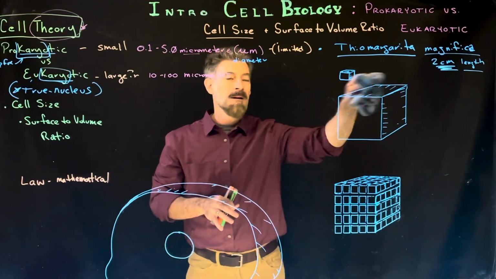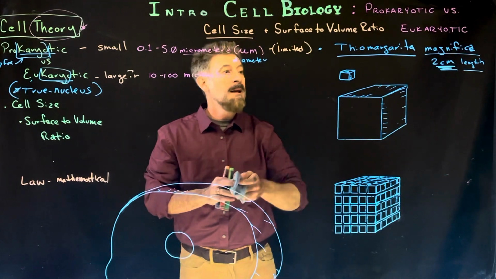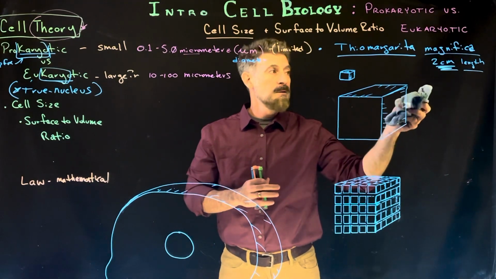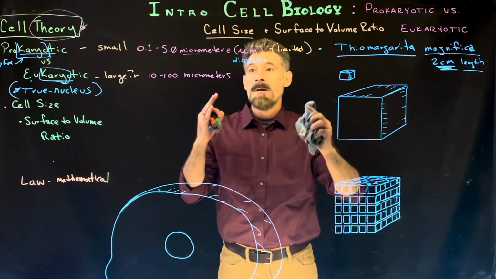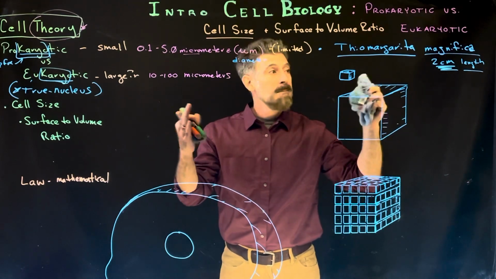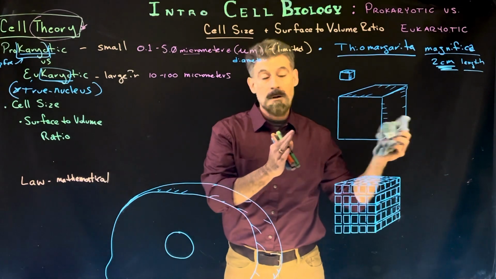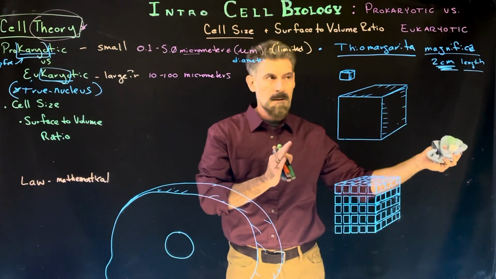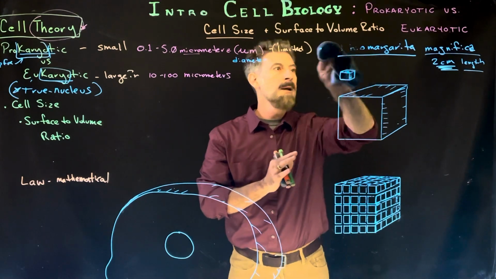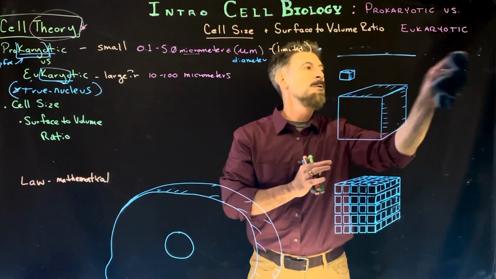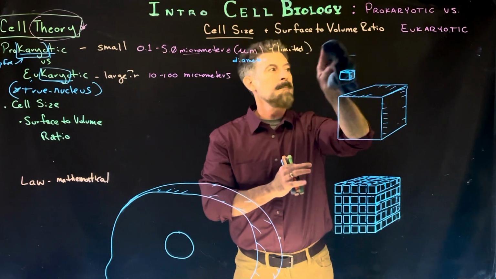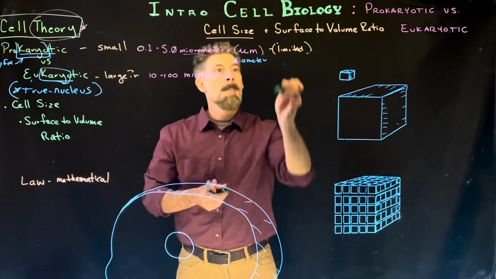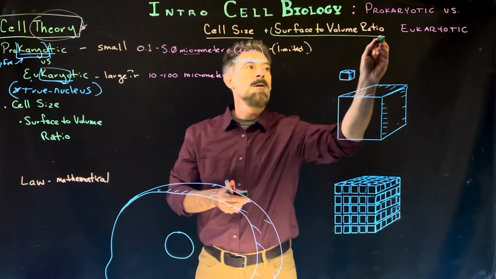Even here, the largest one ever found in history to date, and this was found within the last year, is still not that much bigger than the average, but the biggest are still way larger for eukaryotic cells. So why can eukaryotic cells get to be so gigantic by comparison? That's going to have to do with what we call the surface to volume ratio.